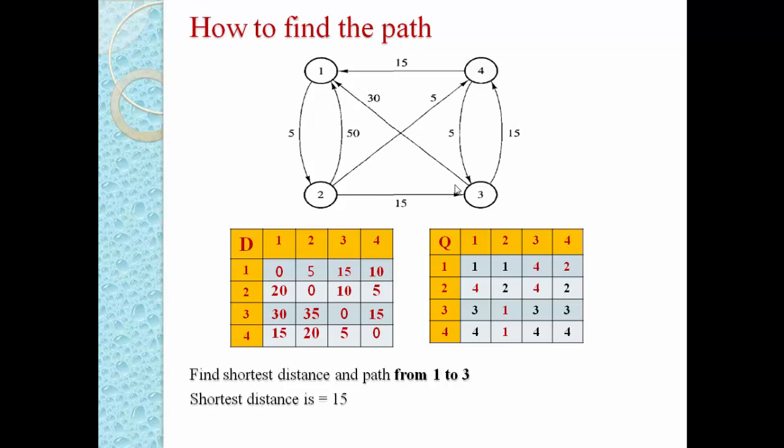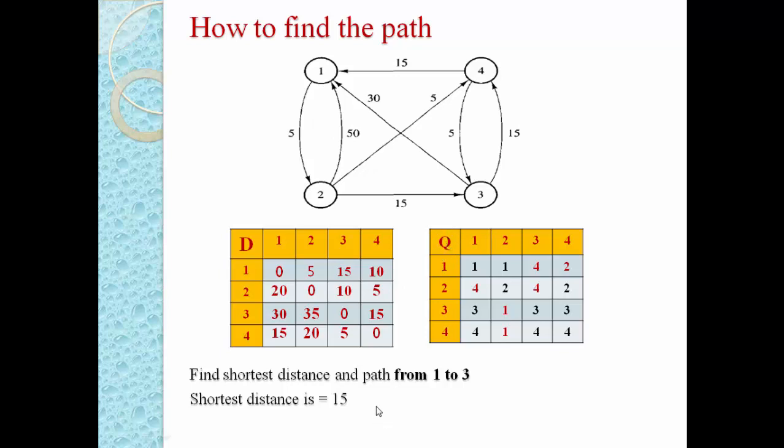Then 1 2 3, that is first row third column. First row third column is equal to 15. It indicates that the shortest distance from 1 to 3 will be 15. But from this matrix we cannot identify the exact path to reach from 1 to 3, and for that we have to use the capital Q matrix.